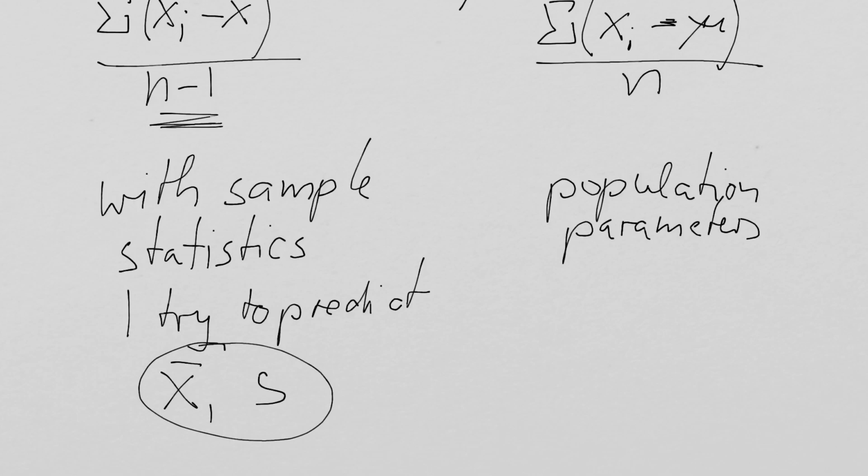When we talk about a sample, these are called the statistics. And I try to predict the population parameters. The population parameters are the mean and the population standard deviation.